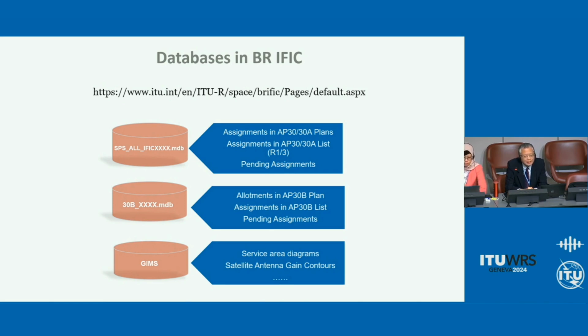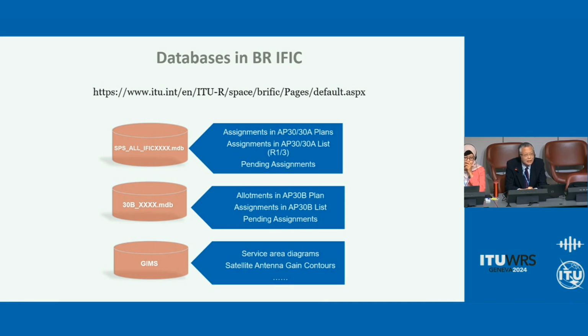One is named SPS_, which contains the detailed information of the Appendix 30 and 30A plans. Another database starts with 30B, where the x means the BR IFIC number. The database starting with 30B includes the detailed information about the FSS plan in Appendix 30B.